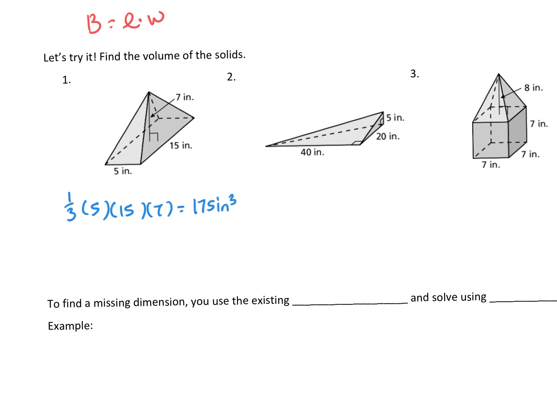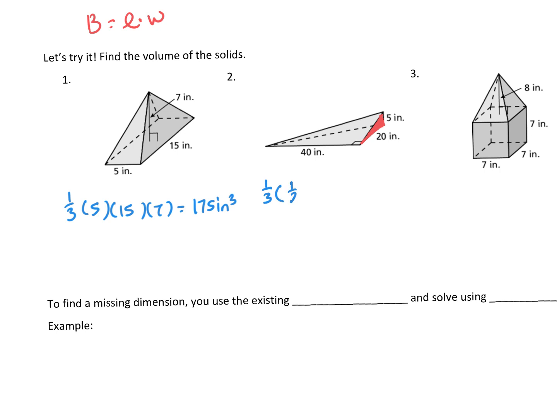However, this next one, the base here, this is actually, if you imagine a pyramid and you tipped it sideways, then this would be the base, because a pyramid comes to a point, always. So our formula would be 1/3, and the area of the base would be a triangle.